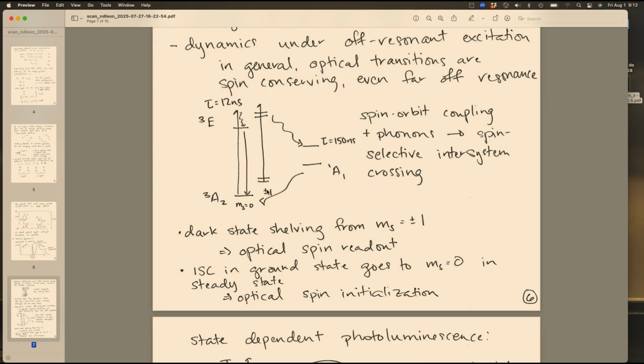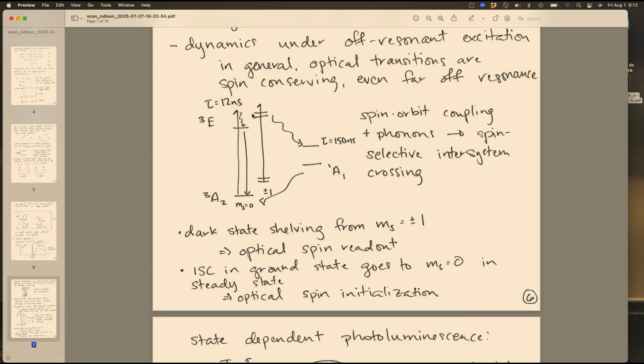So we have a spin-dependent intersystem crossing, where if I start in one spin state, I keep on cycling photons forever. If I start in the other spin state, I end up over here. And over here, if you're collecting red photons, it is dark. The key is that the reason it's dark is the singlet state has a lifetime about 10 times or more the optical excited state lifetime.